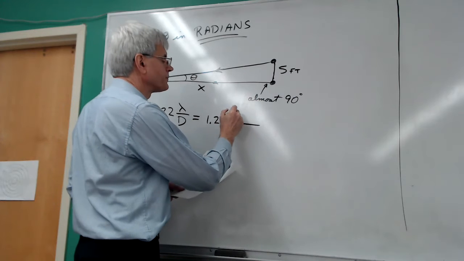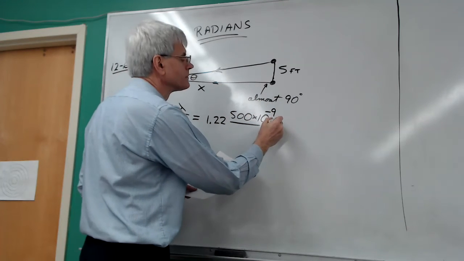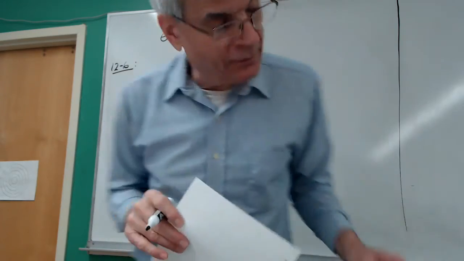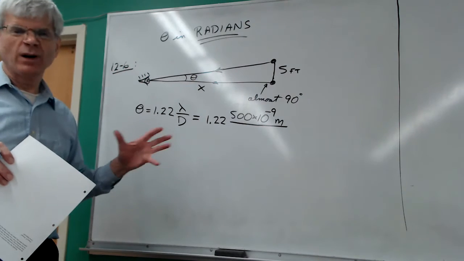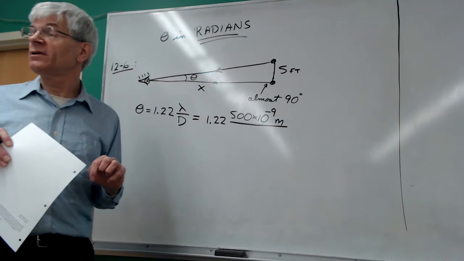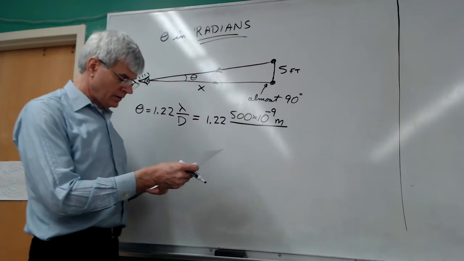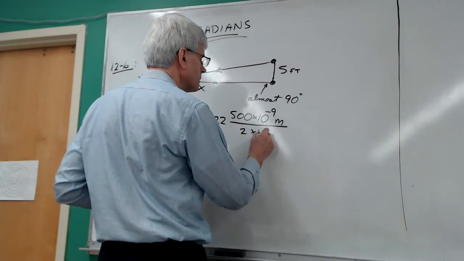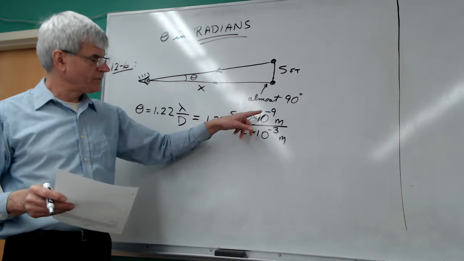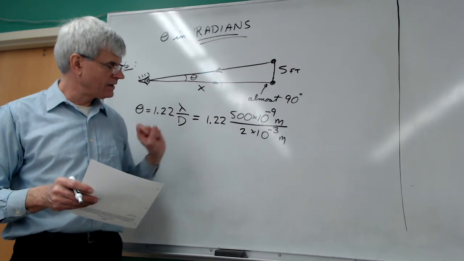The wavelength question says to use 500 nanometers, which is somewhere around the middle of the visible part of the spectrum. So that's a good compromise number to use if you're working with white light. The diameter is 2 millimeters. Nano means 10 to the negative 9. Milli means 10 to the negative 3.